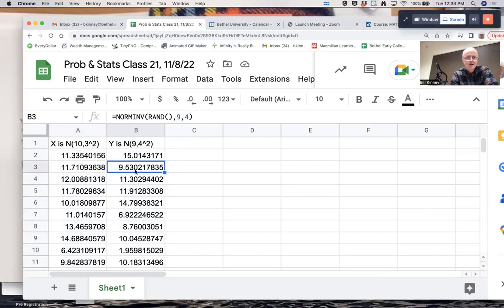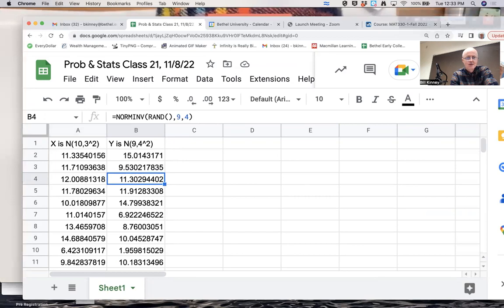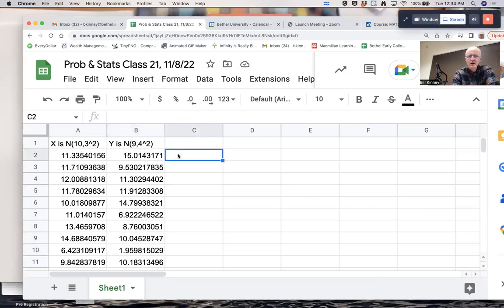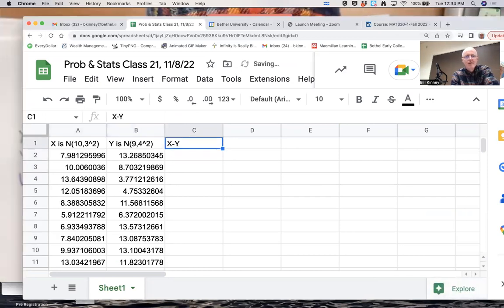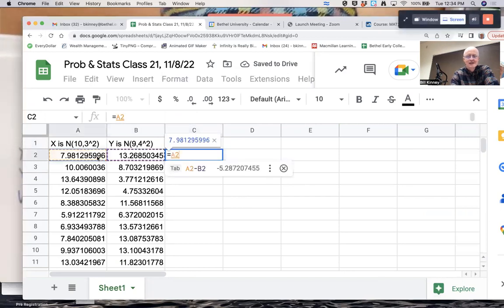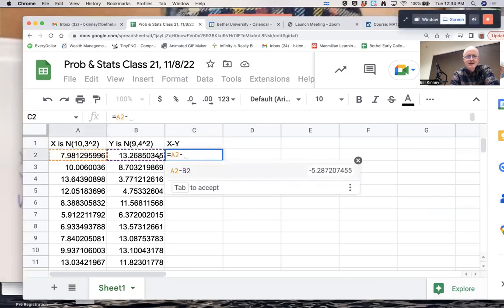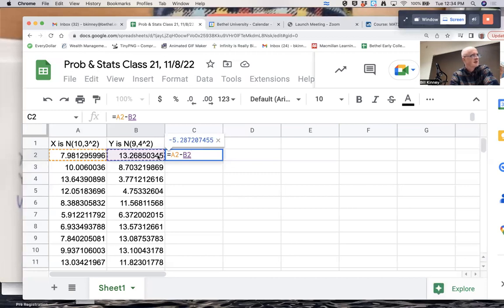It is here, here, here, here, here, here. On average, y is smaller than x. We could also look at the value of x minus y. And what should we expect to see in samples of size 100?